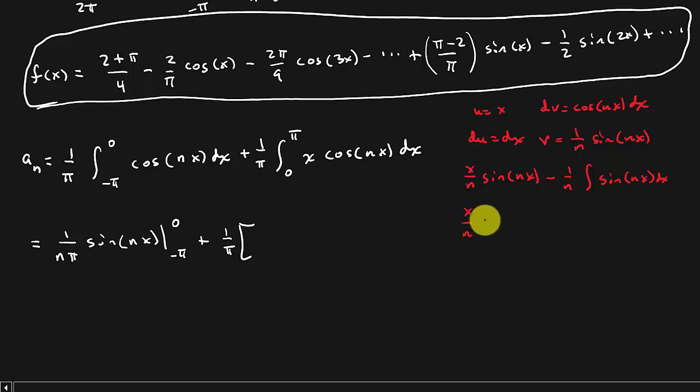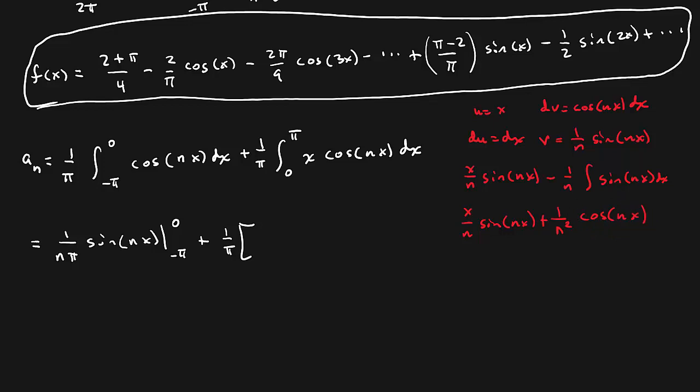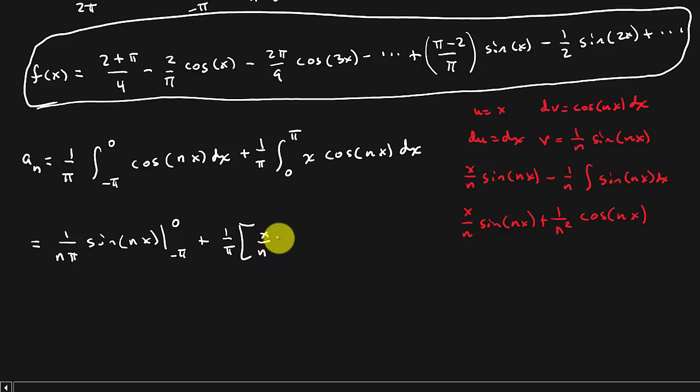And so this is going to be x over n sine nx minus 1. Well, the integral of sine is negative cosine, so that's going to be plus, and we've got to multiply by 1 over n because of the coefficient. So 1 over n times 1 over n is 1 over n squared cosine nx. And so when we integrate that, we get x over n sine nx plus 1 over n squared cosine nx, and that's going to go from 0 to pi.